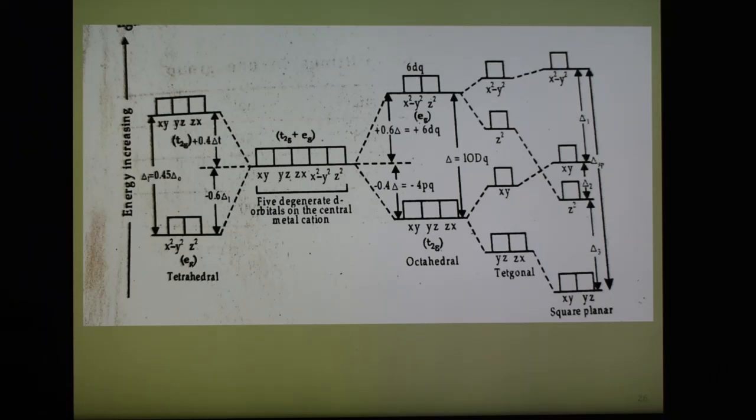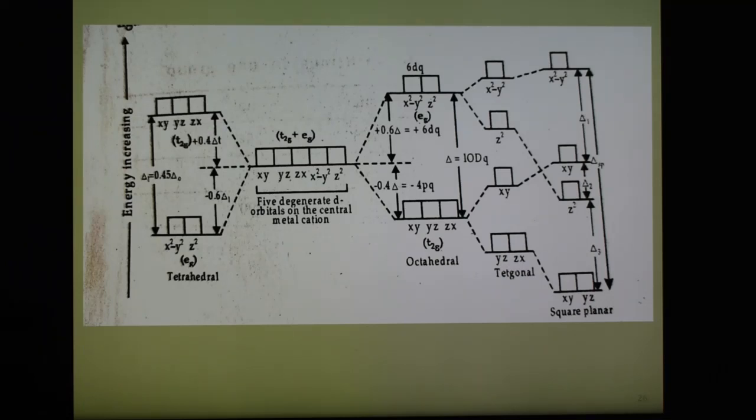If the ligand field is sufficiently strong, then the energy difference between these two orbitals becomes larger than the energy needed to pair the electrons. Under this condition, a more stable arrangement arises when both eg electrons pair up and occupy the lower energy dz2 orbital. This leaves the dx2-y2 orbital empty.